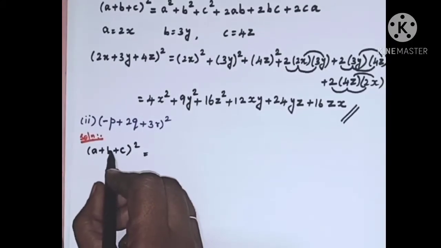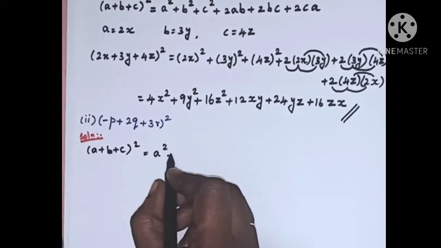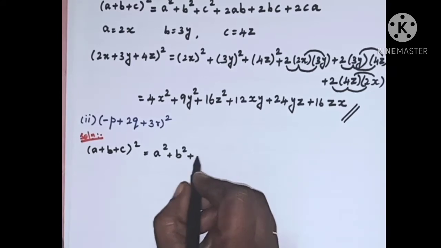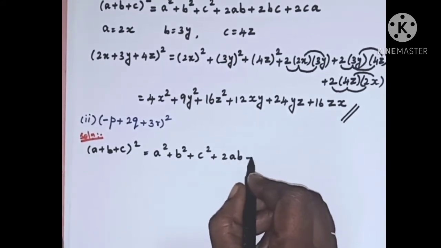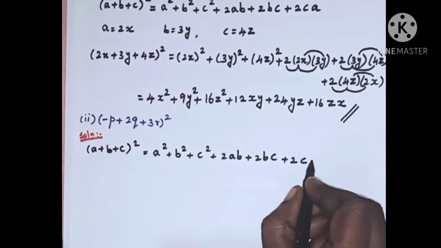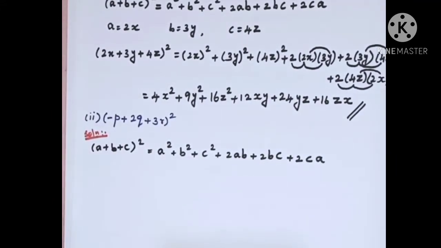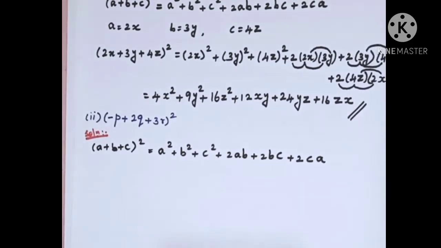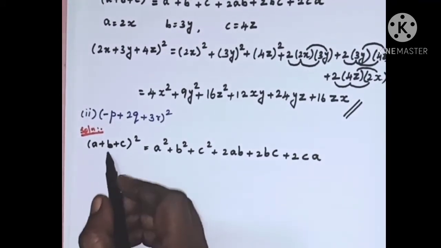So a plus b plus c the whole square is equal to a square plus b square plus c square plus 2ab plus 2bc plus 2ca. This identity you know already. Now we have to substitute the value for a, b and c.